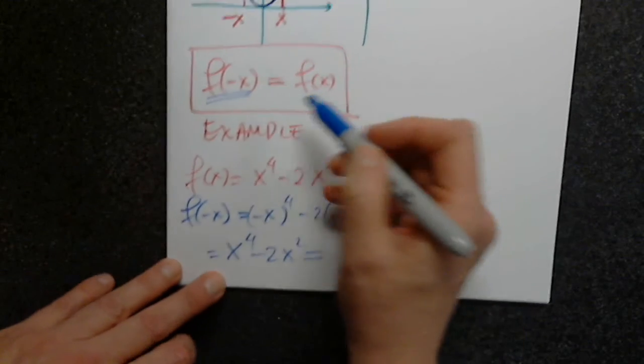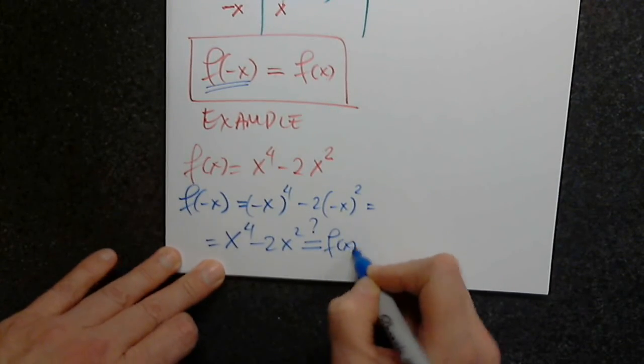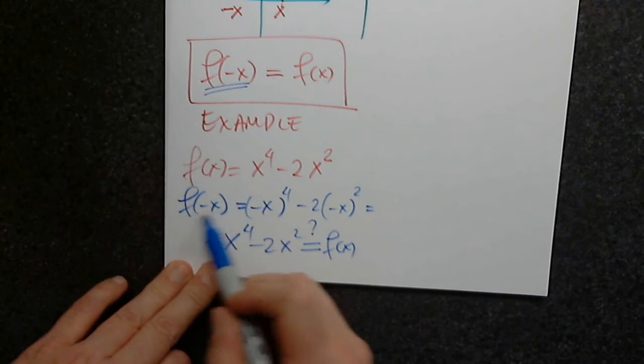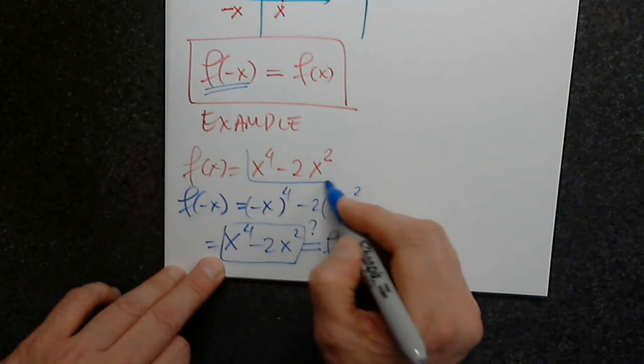So now the question is, if this equals the original function, then we will say yes. When we get the chance to graph this function, we will graph it symmetric with respect to the y-axis. If they are not equal, then we will not graph it as a symmetric function, and we need more work, we need to find more points, who knows. So f of negative x is this piece, f of x is this piece.